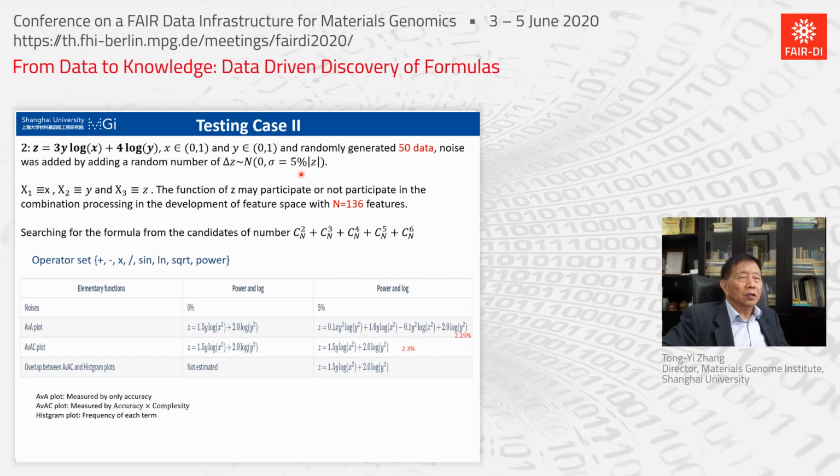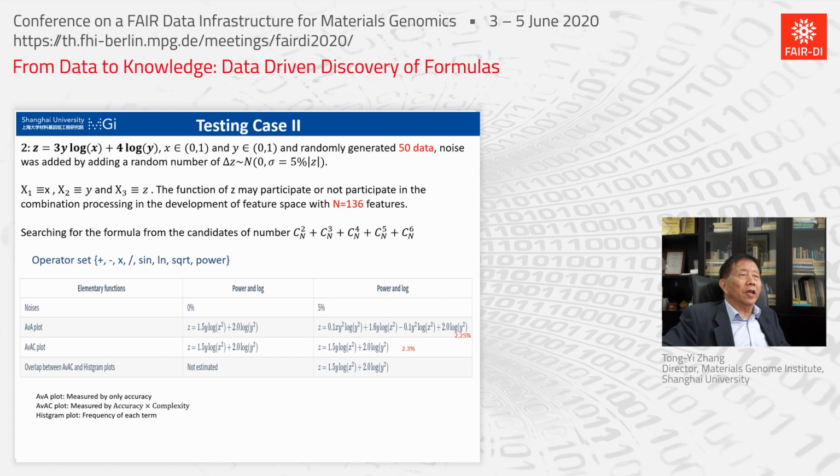In the feature space we have a total of 136 potential features. Without noise, we can recover our equations right away. But with noise, the equation we get is more complex. It's derived from the original one, but the AE is a little bit over 2%.